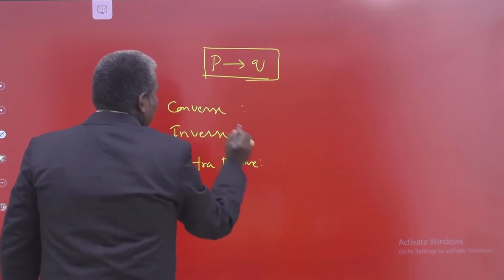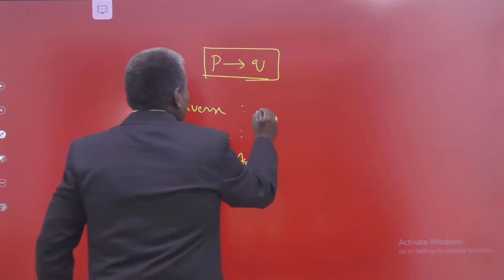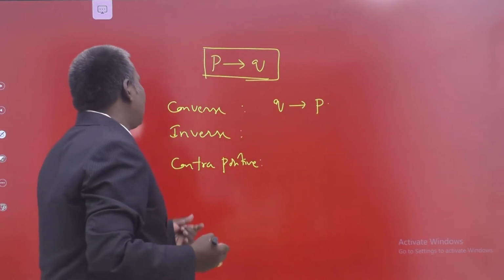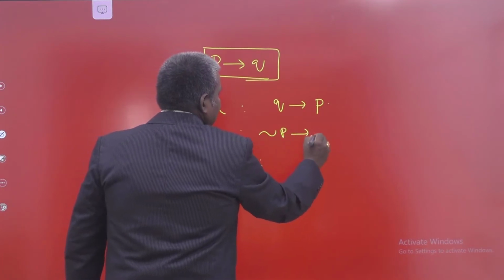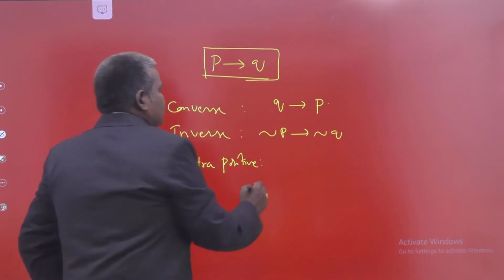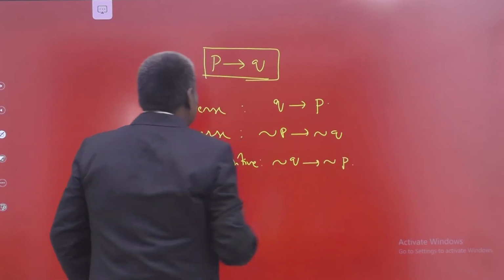The converse of P implies Q is Q implies P. The inverse of P implies Q is negation of P implies negation of Q. The contrapositive of P implies Q is negation of Q implies negation of P.